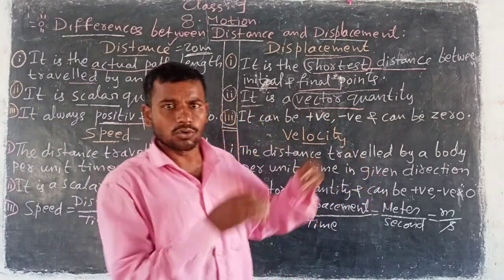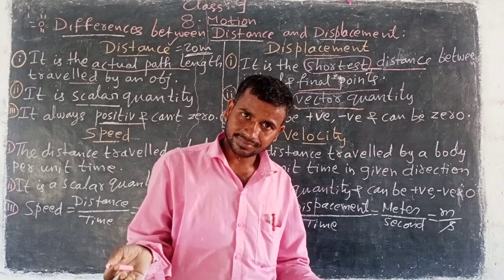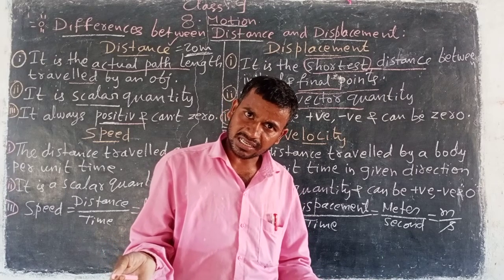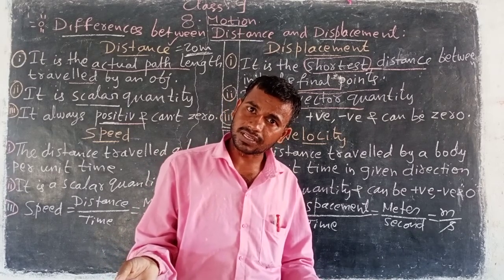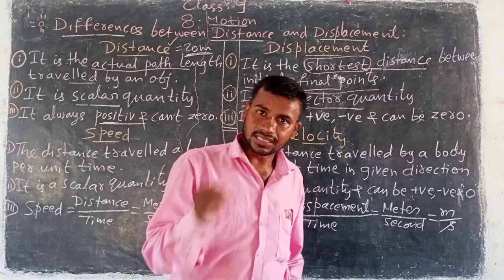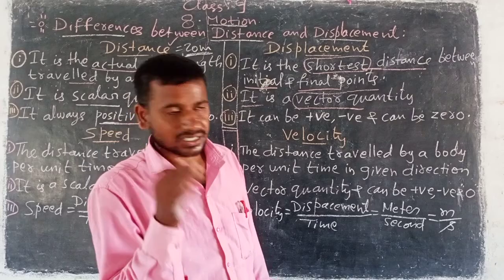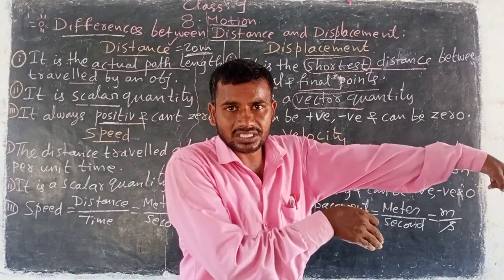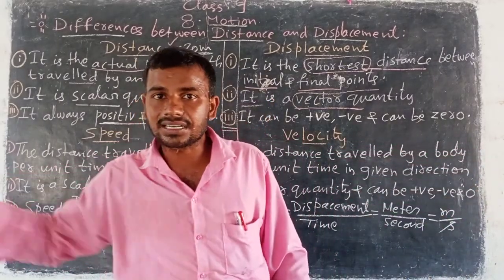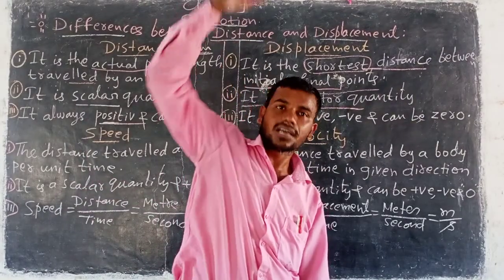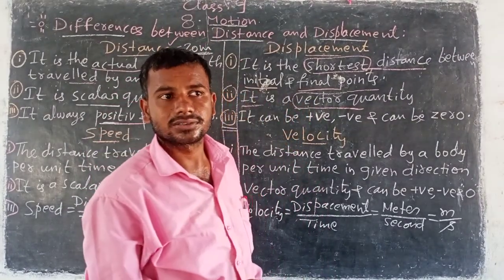In which direction I moved? That is important. What is the direction of displacement? That is very important. So, displacement has direction: east direction, or west direction, or north direction, or south direction.